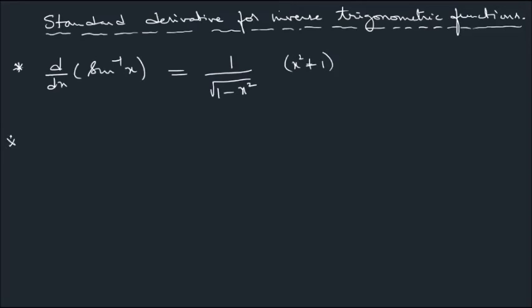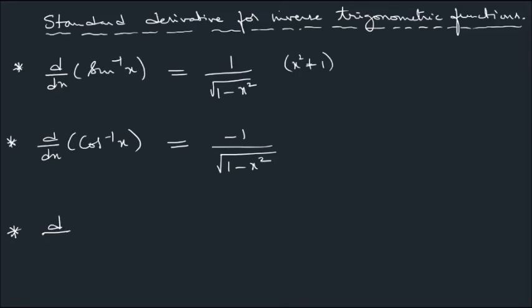Okay, next, d by dx of cos inverse x is equal to minus 1 by under root of 1 minus x square. Next, d by dx of tan inverse x is equal to 1 by 1 plus x square.